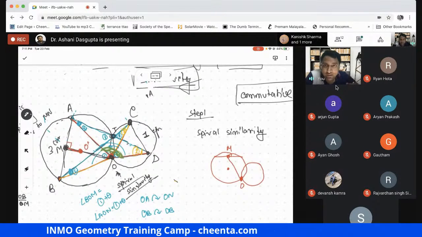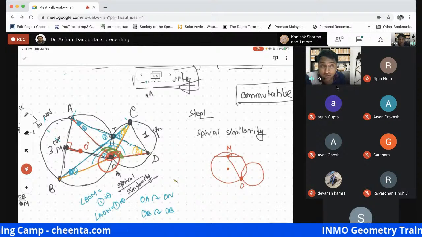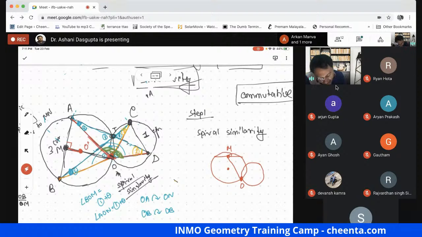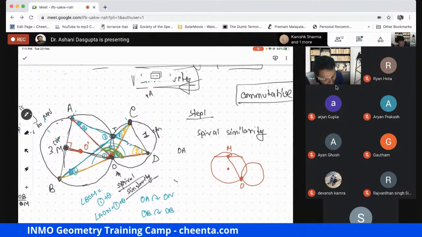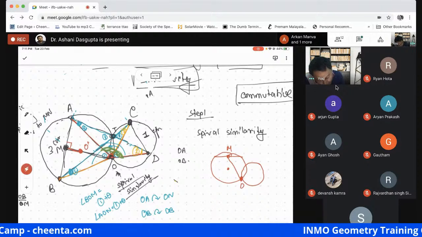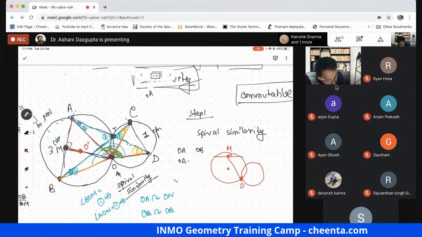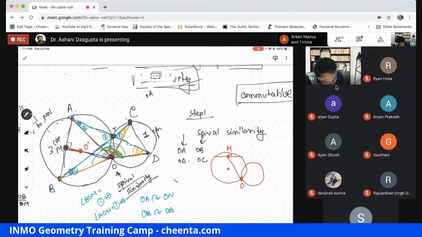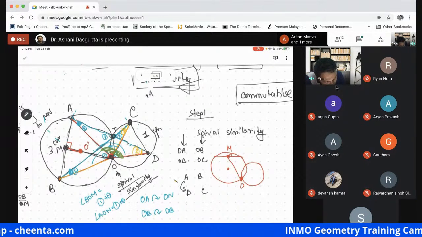So if you look at it, if you take the center of spiral similarity O, this is something you have to think, that OA is sent to OD and OB rotates to OC, which basically means, if you think about these two letters, AB is sent to DC, A goes to D, B goes to C, right?